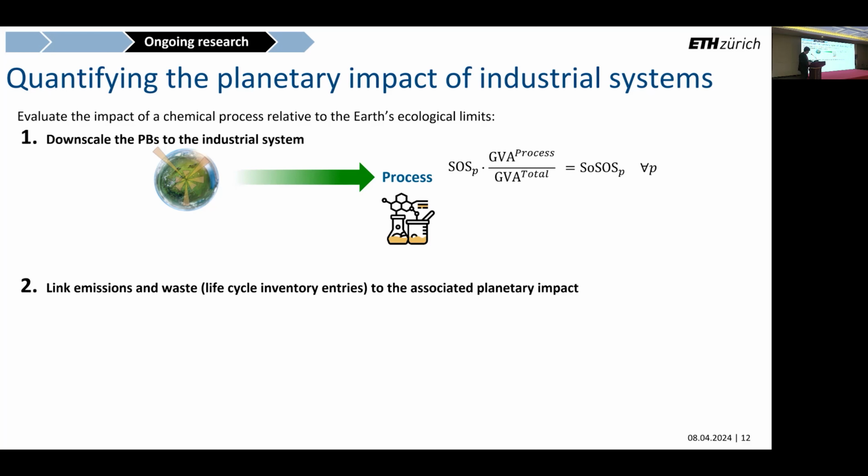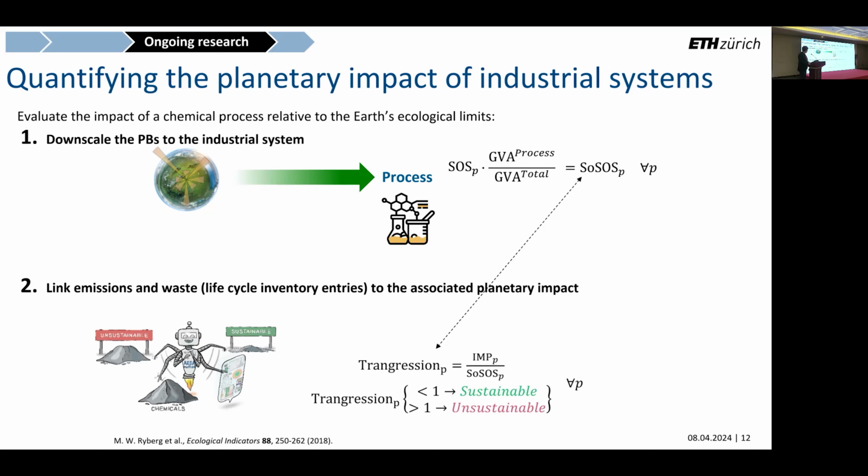There are different ways in which you can do that, and this step is quite controversial. For example, you can follow a utilitarian sharing principle. In essence, the more you contribute to the economy, the more you are allowed to produce. So this is the gross value added of the process, and this is the GVA of the total economy. And once you do this, then later you can calculate the impact of your chemical system, and now you can compare with the threshold.